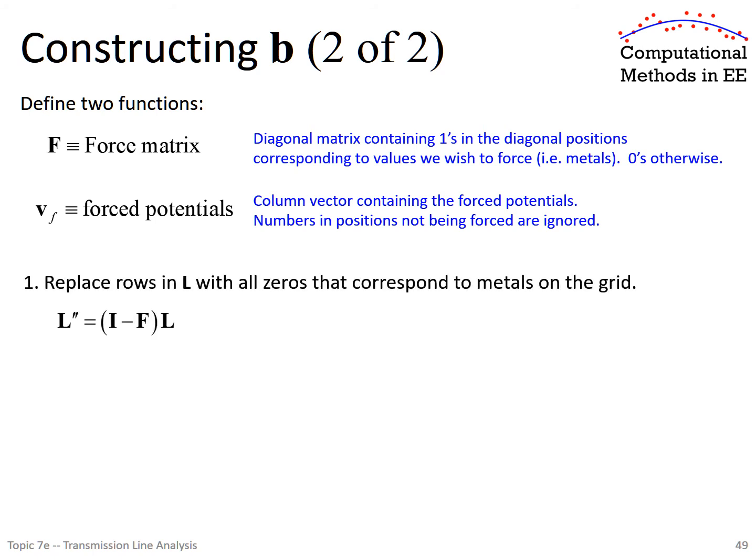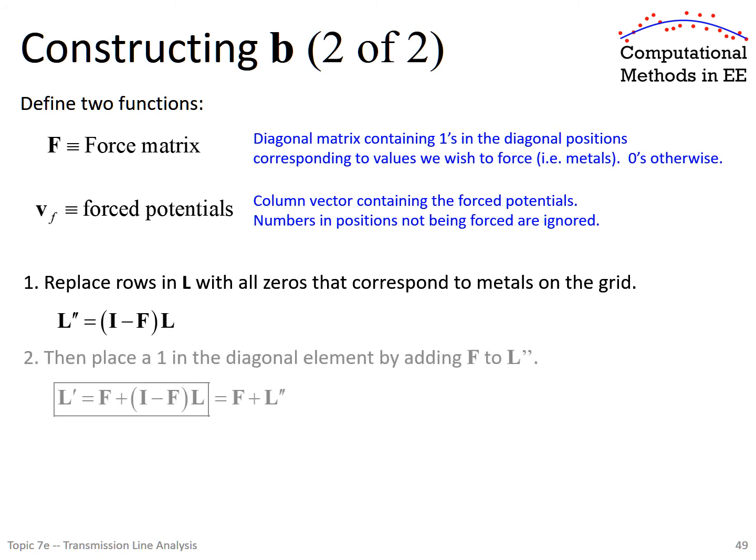So the first thing we need to do to L is zero out all of the rows where there's metals. Well, that force matrix tells us where there's metals. And we want to zero out those rows. We take the identity matrix, subtract the force matrix, and if we pre-multiply our original L, we get another L where all those rows are zeroed out where there's metals. Well, we don't want to completely zero. We want to put a 1 in that diagonal position.